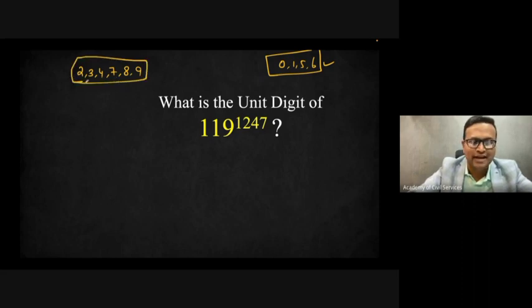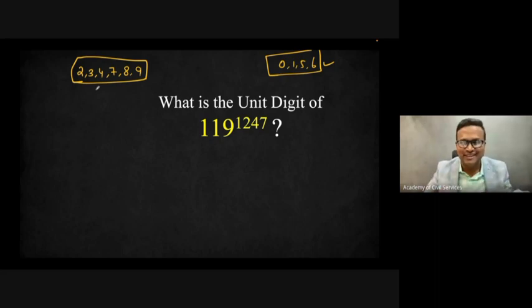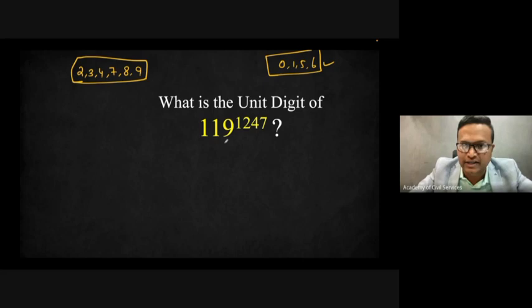When I asked the previous question, did you have this question in mind? How many of you are interested to know how to solve this in an easy way? Practically it is not possible to multiply 119, 1247 times. I can tell you the easy technique.